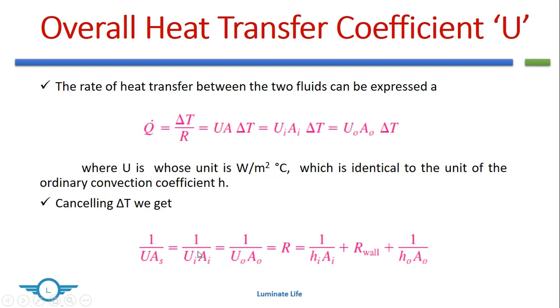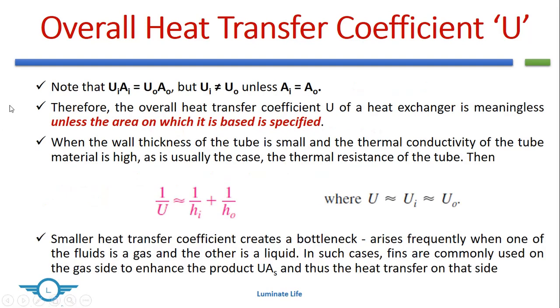Now you can see that for the overall heat transfer coefficient, we have two values, Ui and U0, and you might be wondering why we need two heat transfer coefficients. The thing to note is that the products UiAi and U0A0 are equal, but it does not mean that Ui is equal to U0.